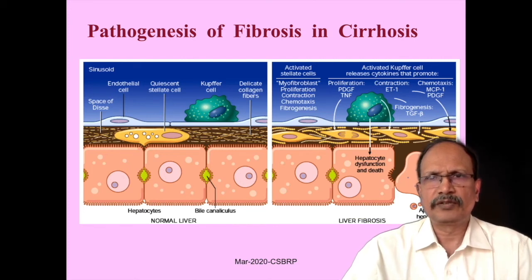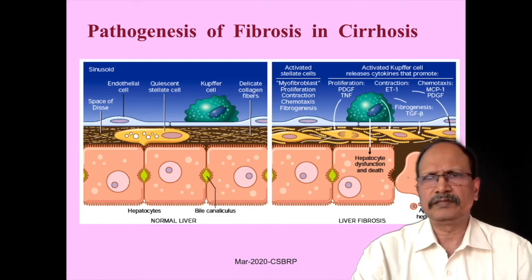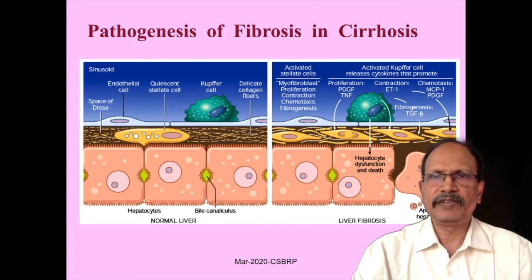collagen. So what is responsible for proliferation of this Ito cell? The cytokines liberated due to inflammation or other processes. So, what are these cytokines? PDGF and tumor necrosis factor.